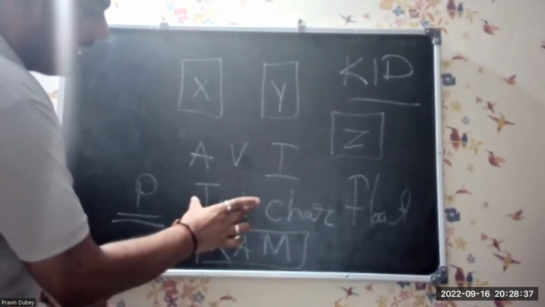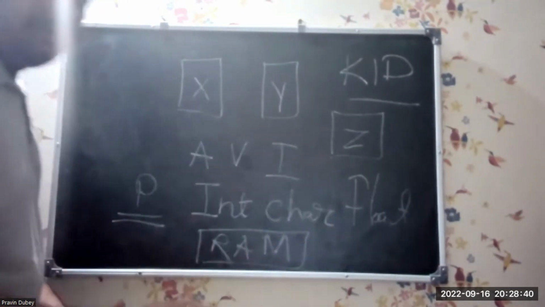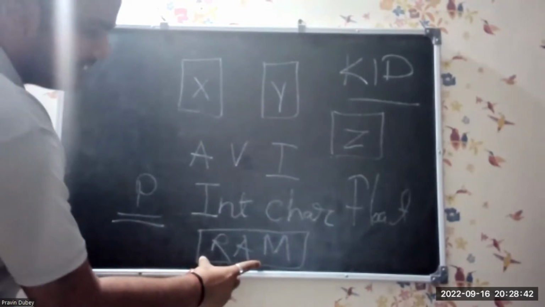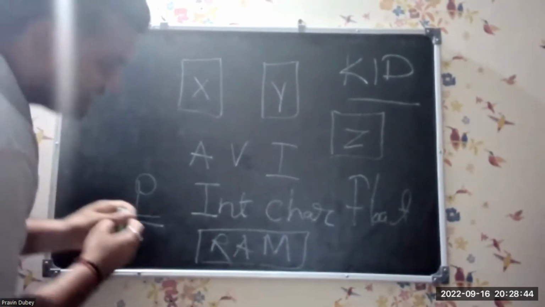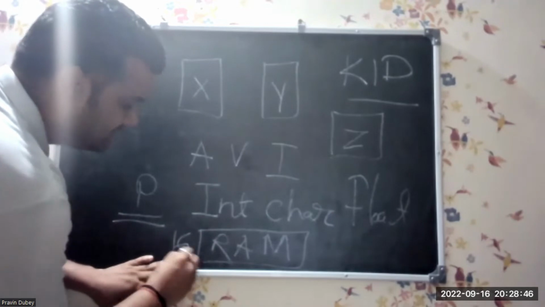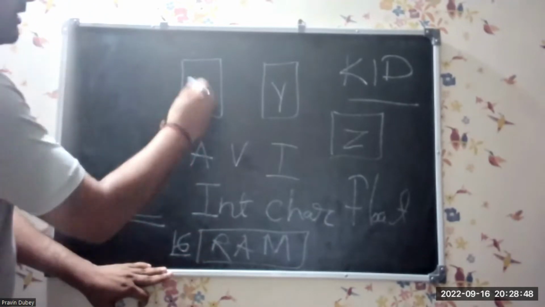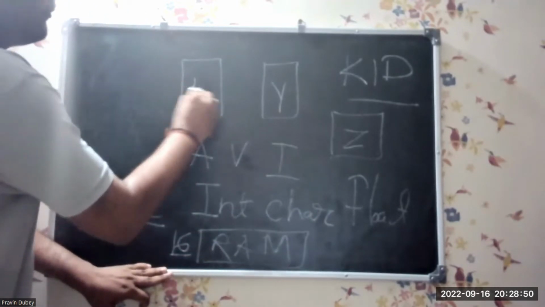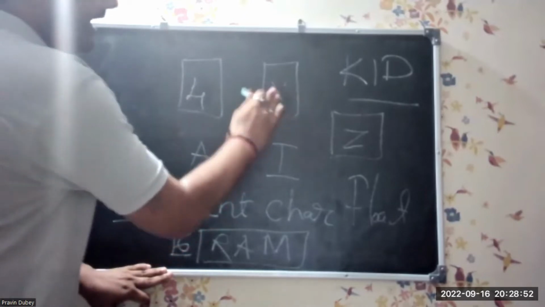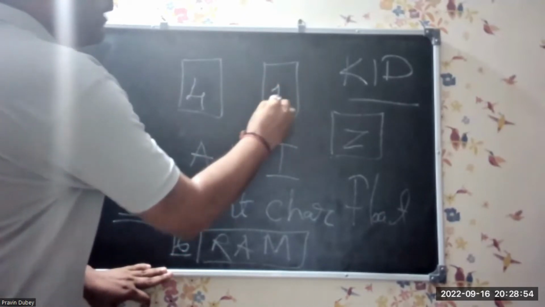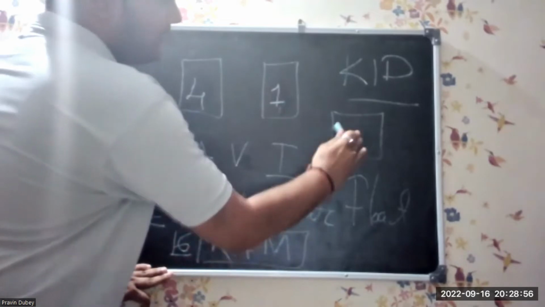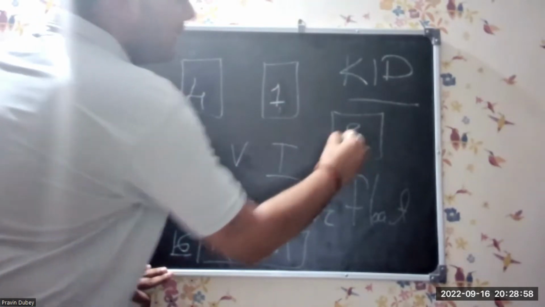Let's say it is 16 GB, then int might require 4 bytes, char might require 1 byte, and float might require 8 bytes.